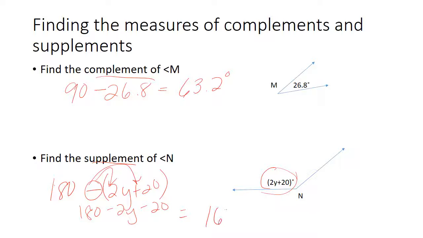So we would say the closest that we can get to having an actual degree would be 160 minus 2y. I'm going to go ahead and put that in parentheses so we know that they all stay together with our degree sign on the outside. So the supplement of angle N is going to be 160 minus 2y. So once you find out what y is, then you would be able to solve for what the actual angles are.